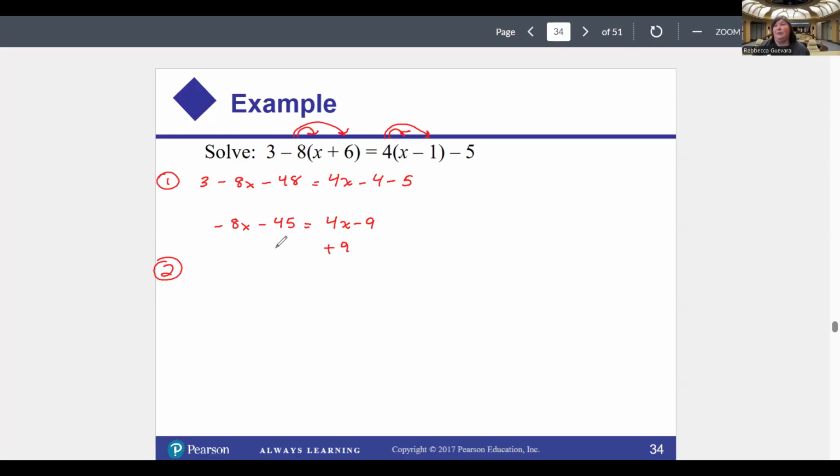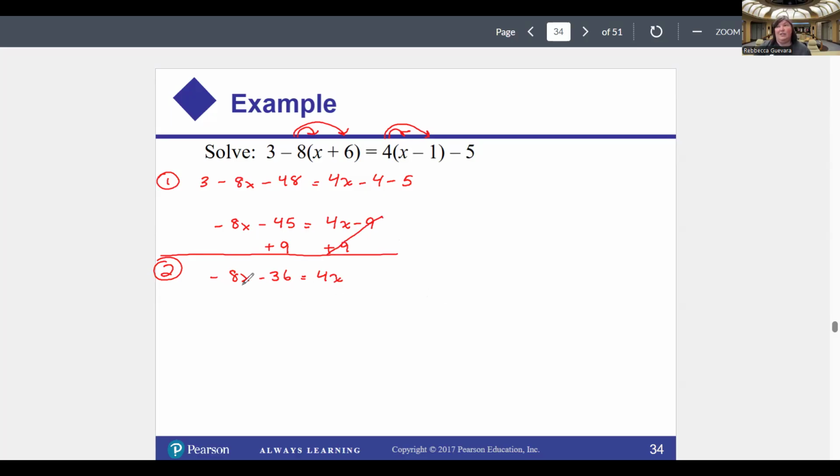So I could add 9 to both sides if I wanted to. And it's going to take me down to this step, so negative 8x. Make sure I don't make any mistakes here. There we go. Minus 36 is equal to 4x, because that's gone.